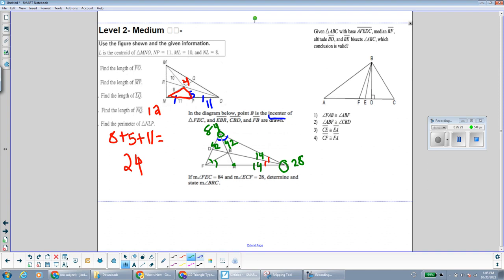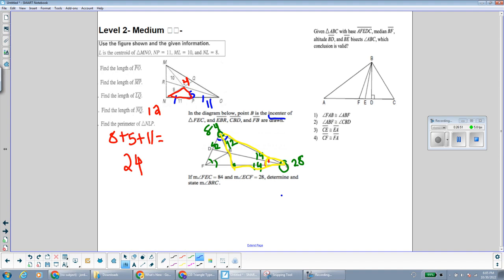So let's focus on this triangle here because we already have a lot of information about it. I know that the top angle is 42 because it was half of 84. I know that this angle here, each part was 14, but the whole thing was 28. This whole angle here is 28. So I can find the last angle in this triangle because all three interior angles of any triangle should add to 180 degrees.